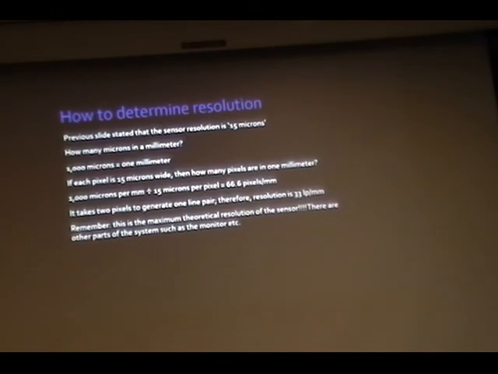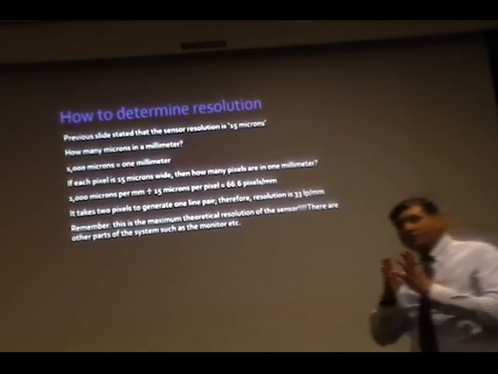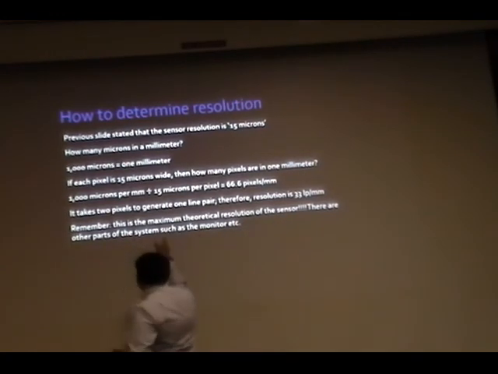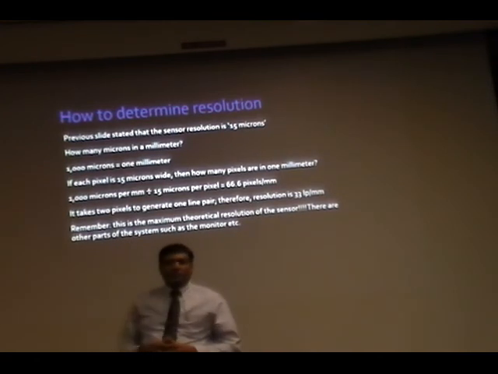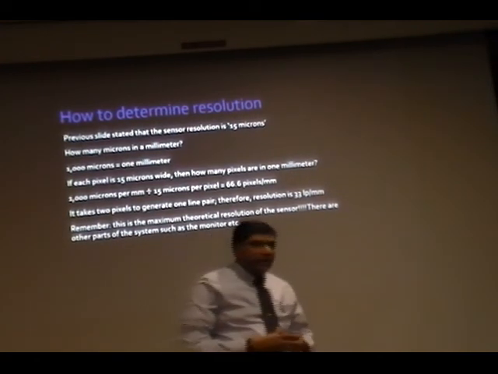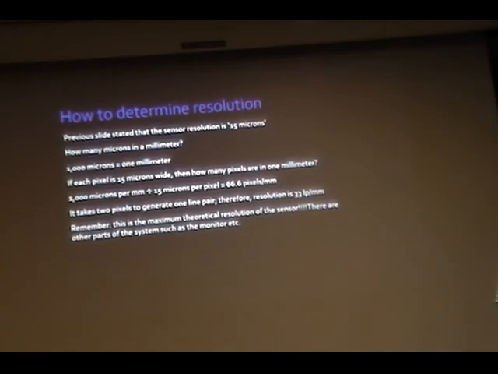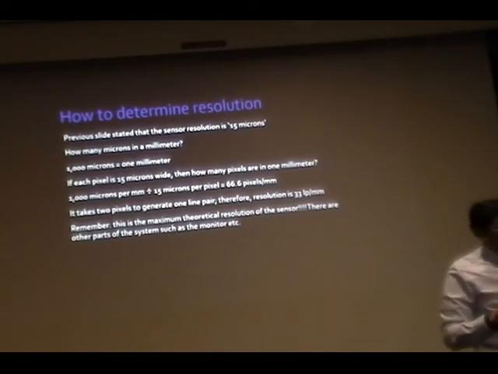So if they say that there are 15 microns in a sensor, you divide 1000 by 15, and you'll get 66 lines per millimeter. And 1 line pair is like 1 black, 1 white, right? So you divide that 66 by 2, which is 33 lines per millimeter.